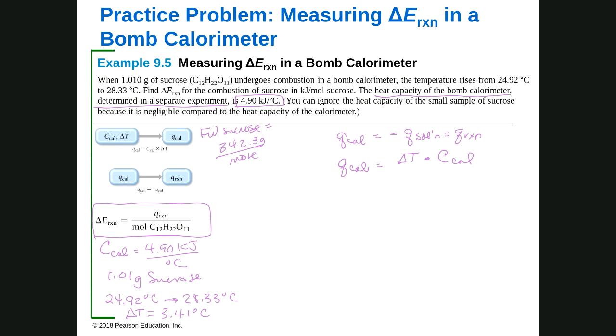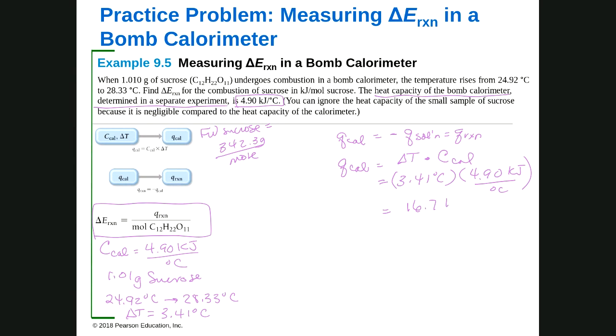So that's 3.41 degrees C times 4.90 kilojoules per degree C, and the Q of the calorimeter gives me 16.7 kilojoules.